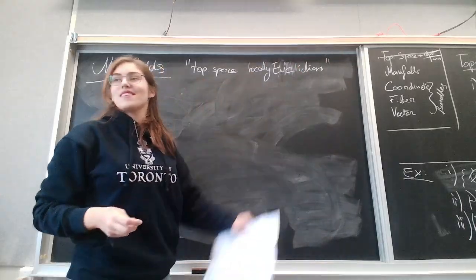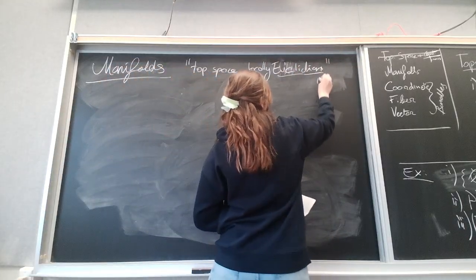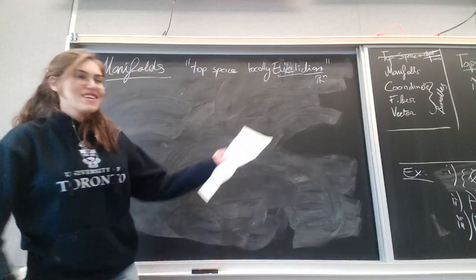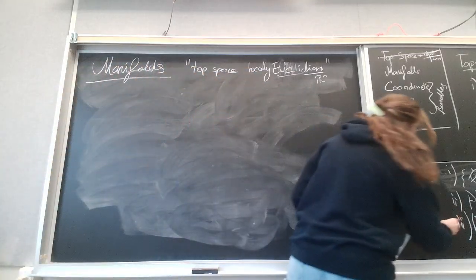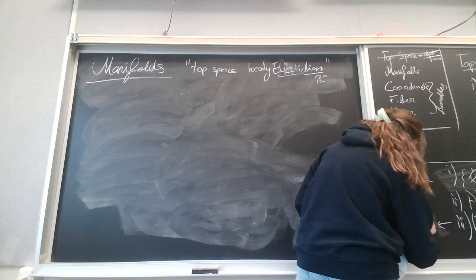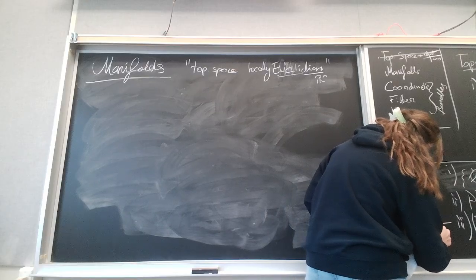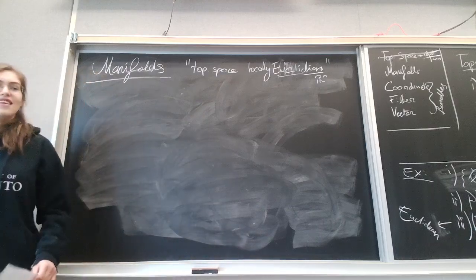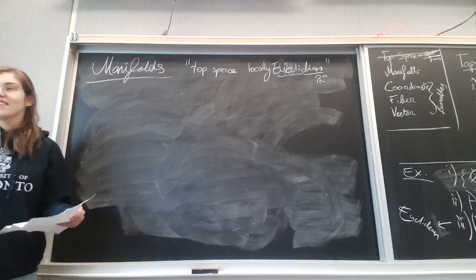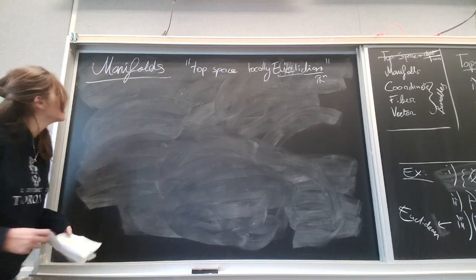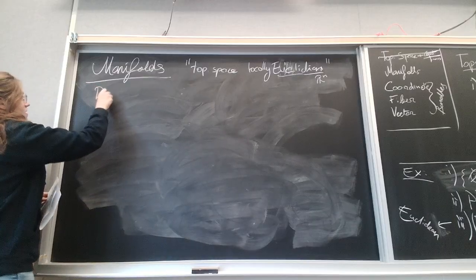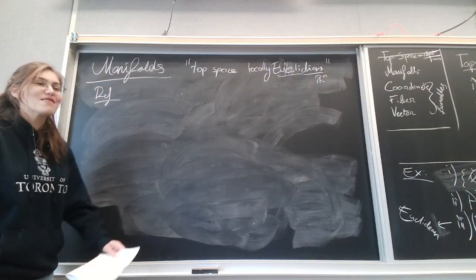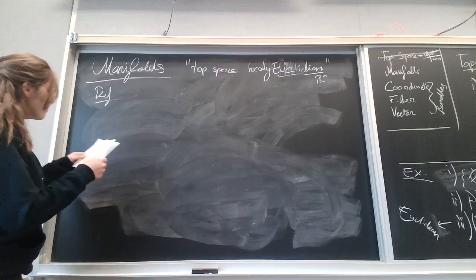By Euclidean, we mean it's just R^n with the known topology from analysis. So locally it looks like R^n, and if it locally looks like R^n, then you can put some coordinates. This is a definition that physicists will write. Now we will write the mathematical definition.